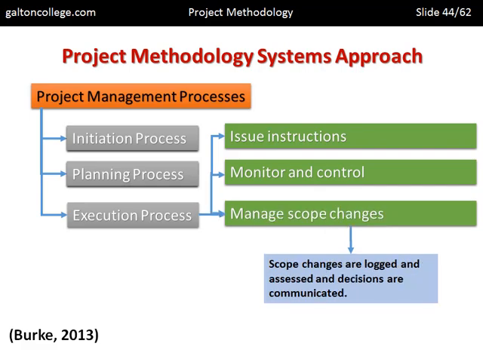Manage scope changes. Scope changes are logged and assessed, and decisions are communicated. Look at the scope of the business to deliver the project. Look at the resources and how the resources are stretched because of the additional project.